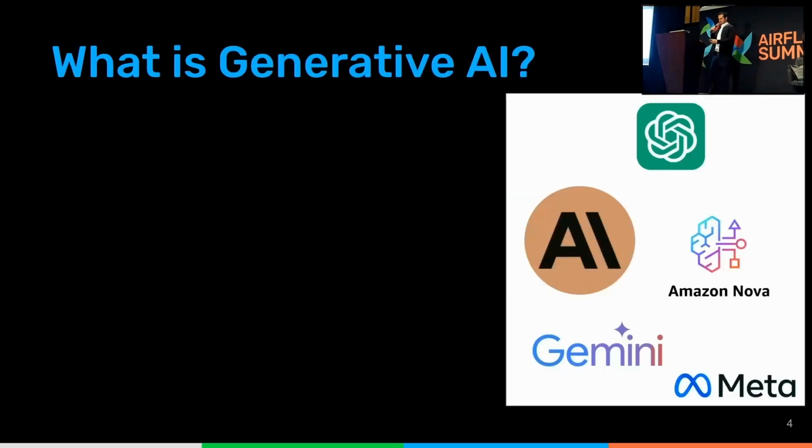So yeah, what is generative AI? Like I said, I'm pretty sure most people are aware of Gen AI. I'm sure you use ChatGPT, Claude, Gemini, Meta, etc. But I just wanted to talk about it a little bit, just to make sure that everyone is on the same page.